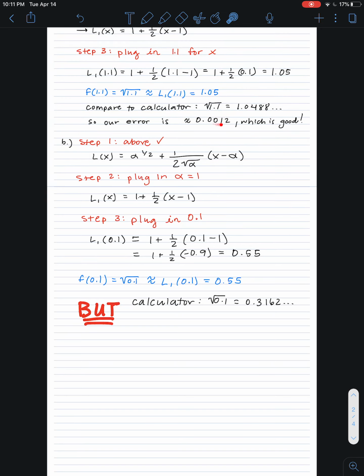Up here, we were only off by like a 1,000th. Here we're off by a 10th, or 2/10 actually, which is pretty bad in comparison. So we know that this isn't a great estimate.